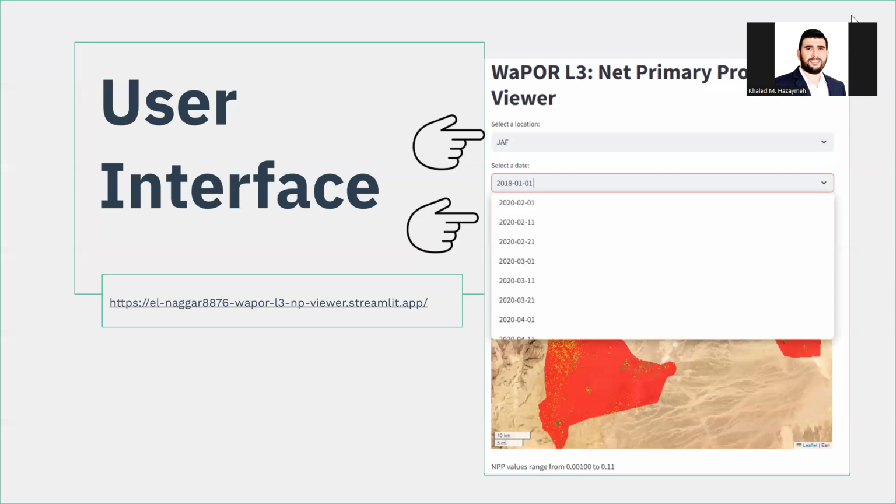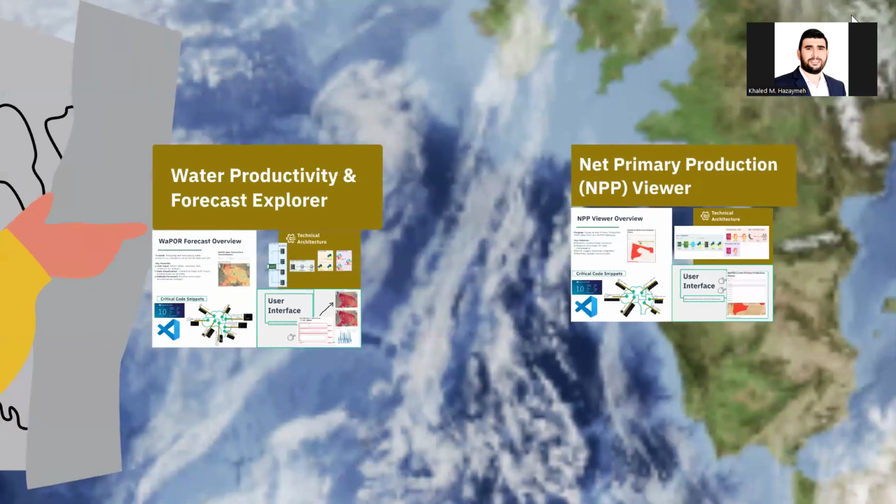It just hooks all the data, using the API from the FAO GCS cloud, and it shows all level 3 data. You can select any location. Before this presentation, I selected Jafr from Jordan, but you can select any level 3 data. All right, so this is the first tool.